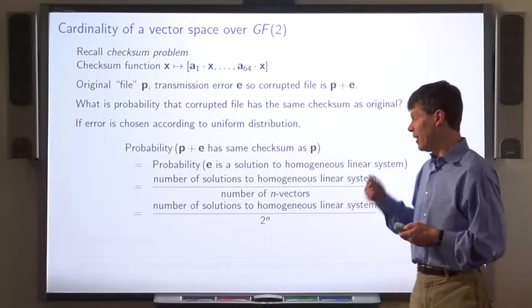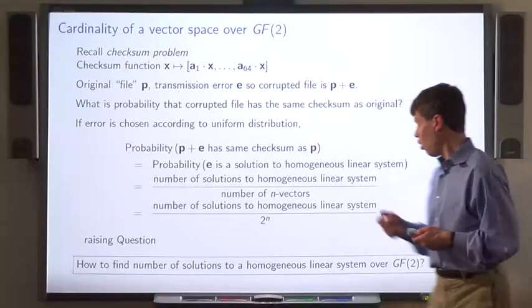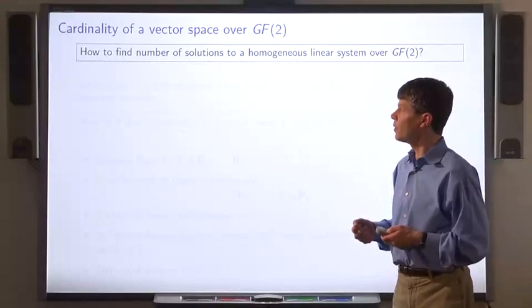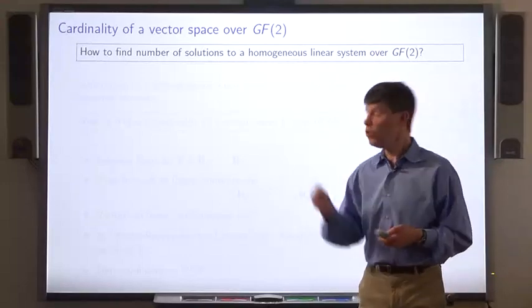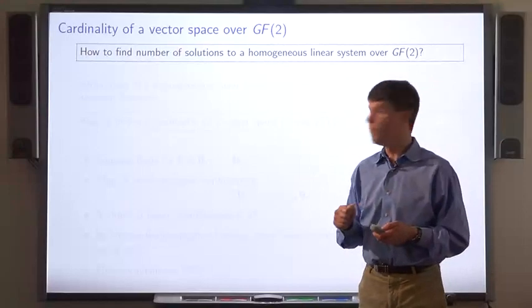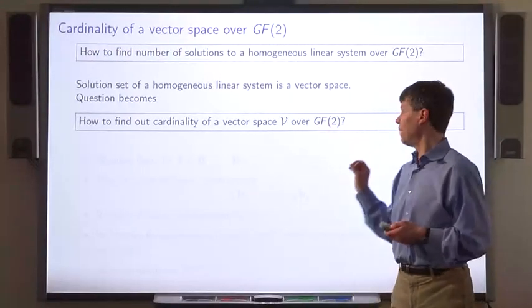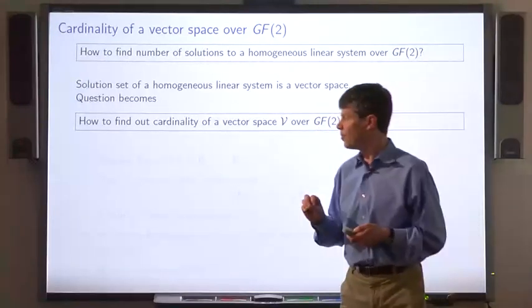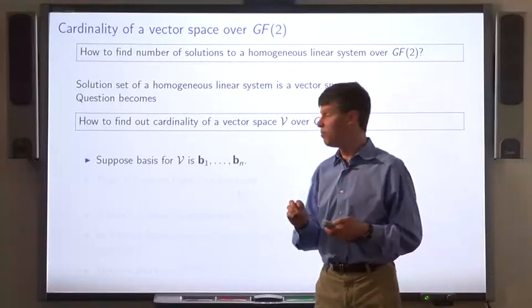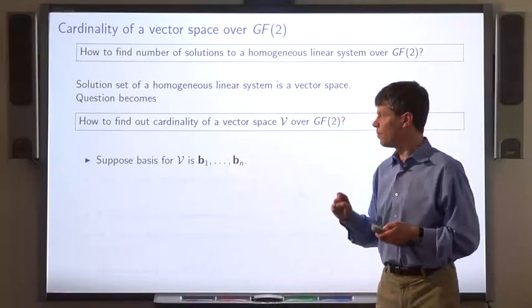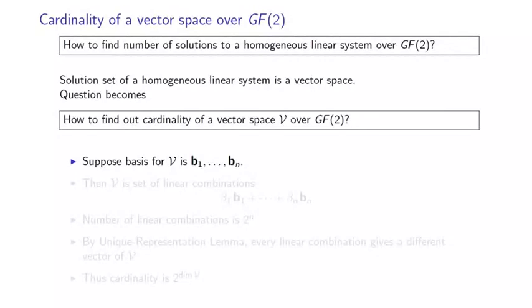So this raises the question, how do you find the number of solutions to a homogeneous linear system over GF2? Well, the solution set to a homogeneous linear system is a vector space. So the question becomes how to find the cardinality of a vector space over GF2. Well, suppose that vector space has a basis b1 through bn. Those are generators for the vector space, so the vector space is the set of all linear combinations of those vectors.